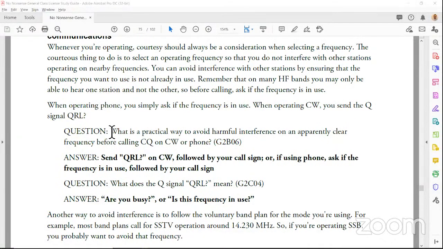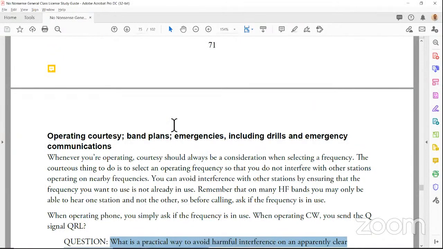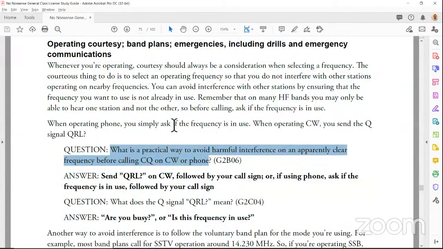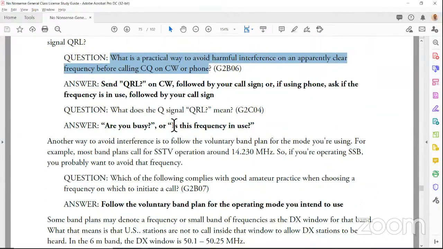The first question, oh, by the way, for persons who are following, we are on page 72 of the No Nonsense General Class License Study Guide, the PDF version, page 72. Okay. So again, we will usually go quickly through our questions in the question pool simply because we have dealt with all of the theories and done a little bit of an explanation for each of them during our last session. So this is just for us to match the questions to the theory that we contemplated during our last class.